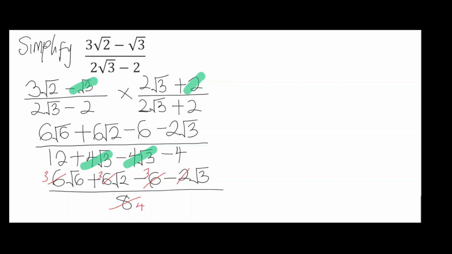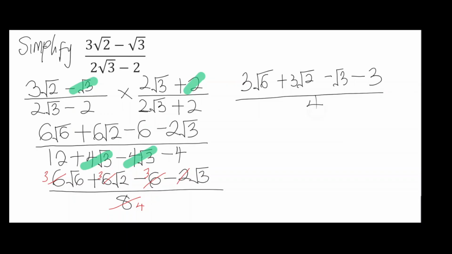So lastly, I'm going to be writing the answer as 3 root 6 plus 3 root 2, then minus root 3, then I'll be writing the negative 3 as the last. So minus 3, all divided by 4. So this is the final answer.